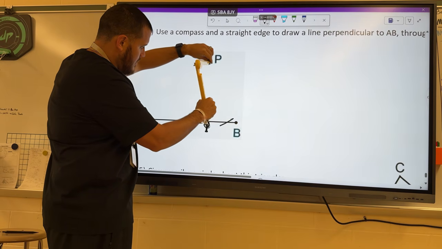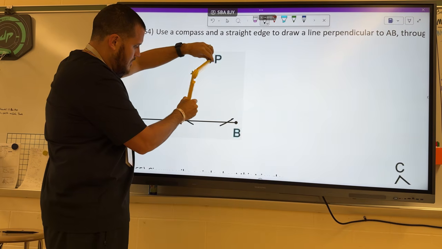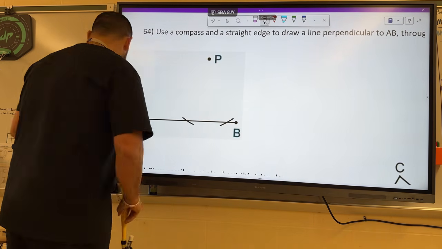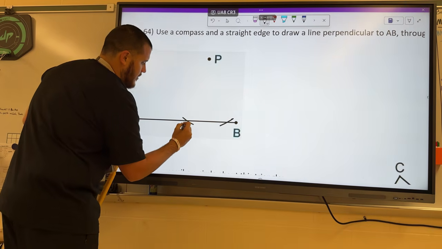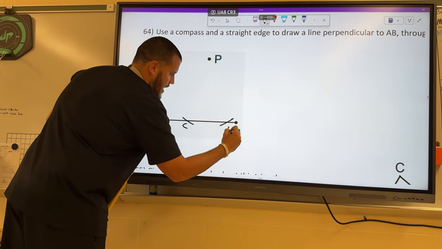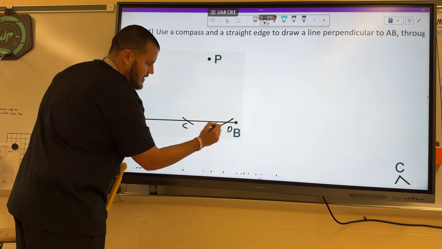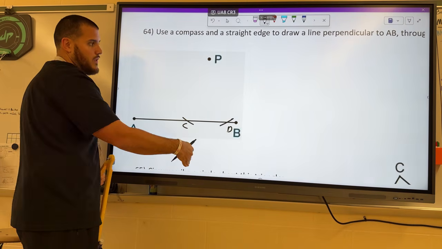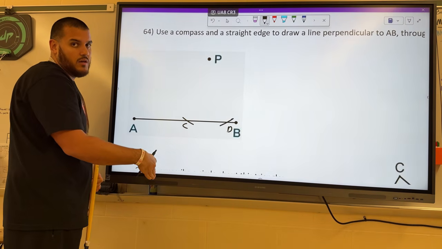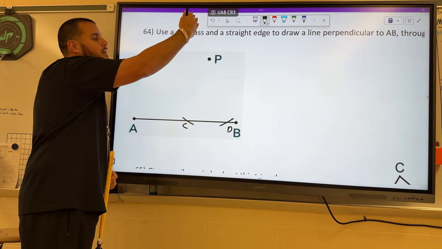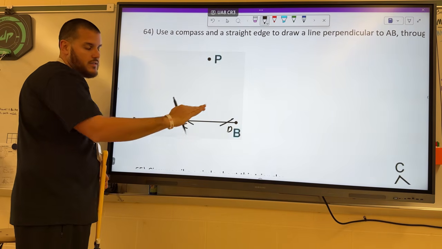And then I'm also going to be swinging it over here so I can make an arc on this side. And now I have 2 points that I can reference here. I'm going to label C and D, and I can cut that segment in half with a perpendicular bisector through point P. And that will create a line that is perpendicular to AB.